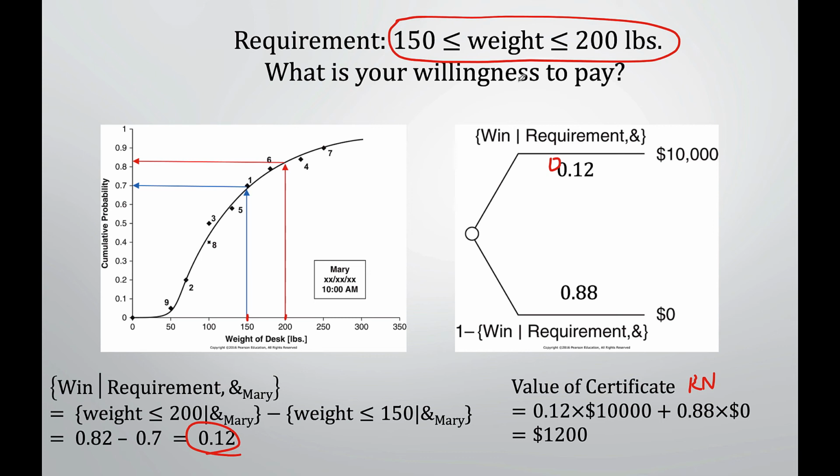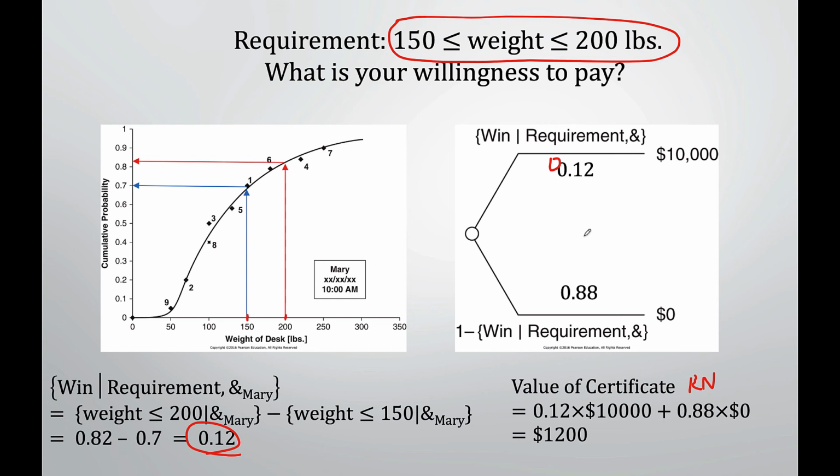As you can see, if the requirement is that the weight is greater or equal to 200, you can still do that because that's just 1 minus the probability that the weight is less or equal to 200. So no matter how the teacher changed the requirement, with this encoded probability and with the information that you are risk neutral, Jane can always figure out your willingness to pay for different requirements.